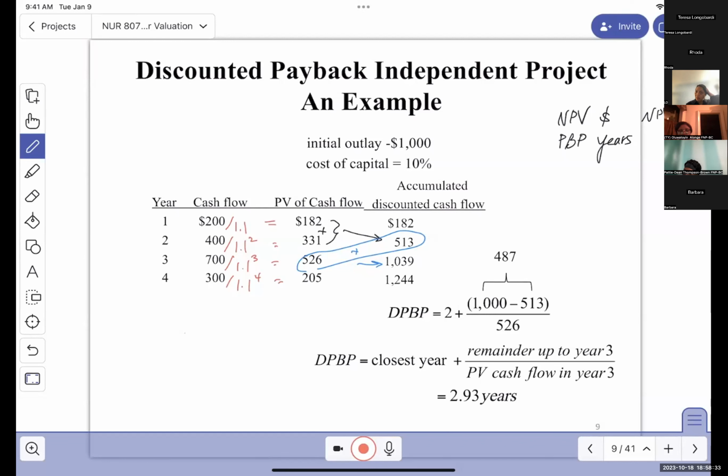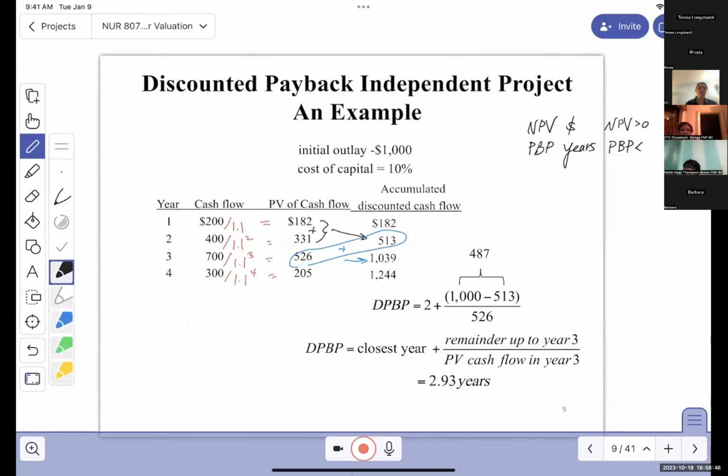And you have to make sure that the payback period is smaller than some cutoff. And then you can do the same thing with discounted payback period, which gives you years. I call this one DPBP, it doesn't really matter. You calculate it, and you check if it's less than a cutoff.